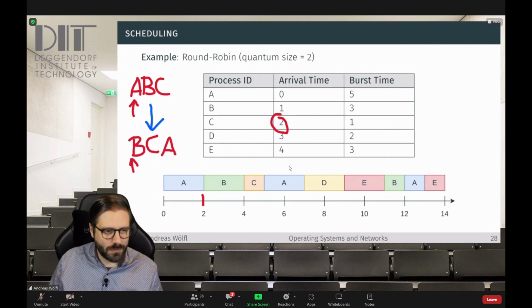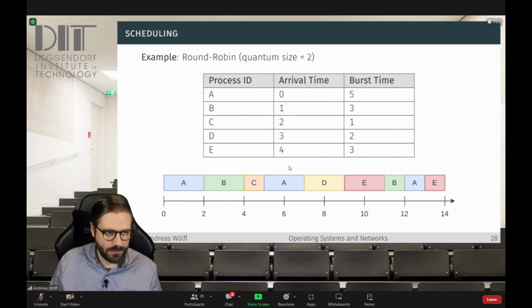So the list of runnable processes after time 2 is B, C, A, and B is executed. So let's clear this. We have B, C, A. B is currently executing.